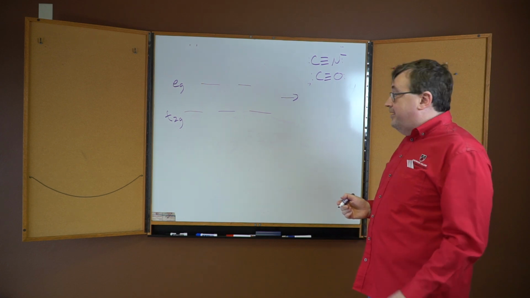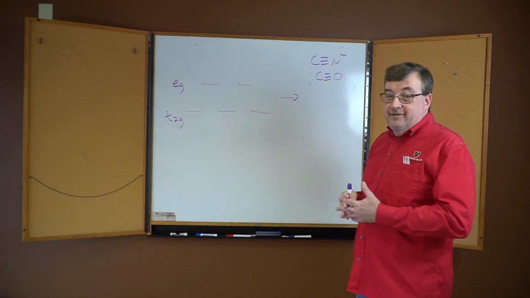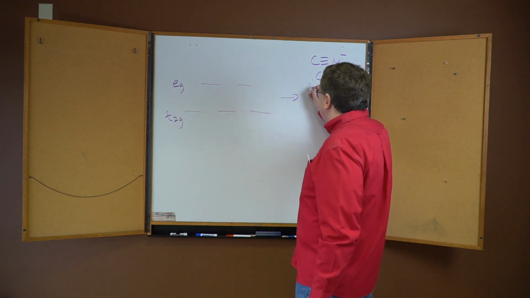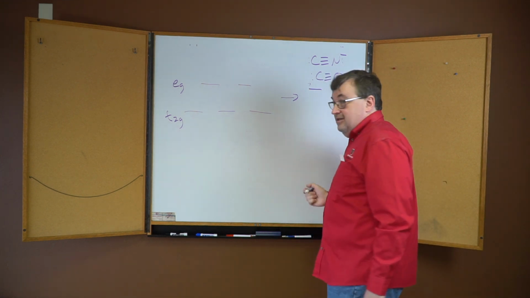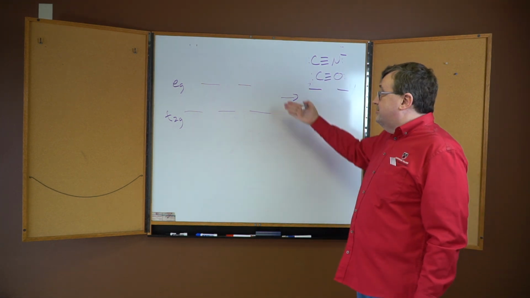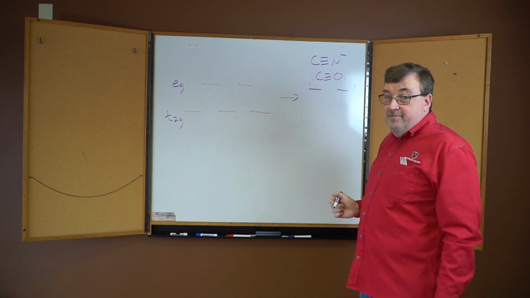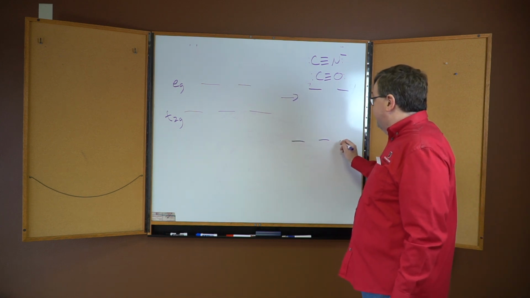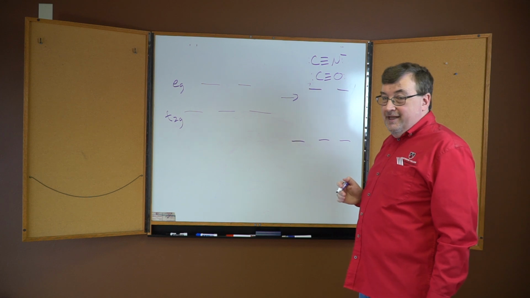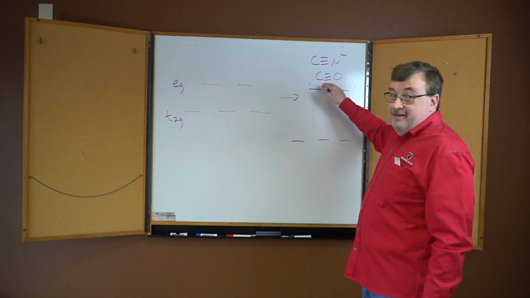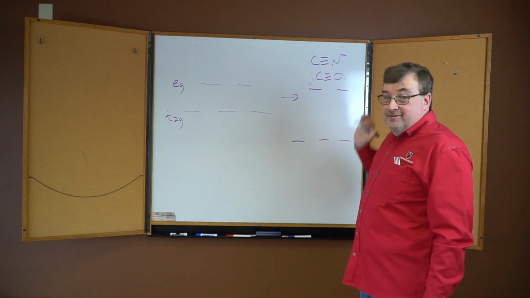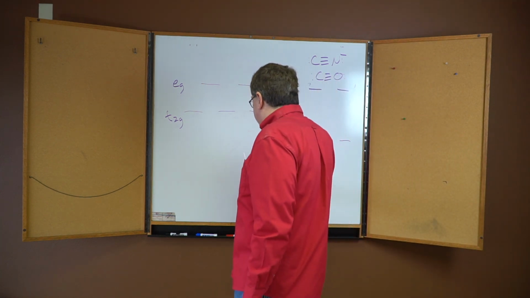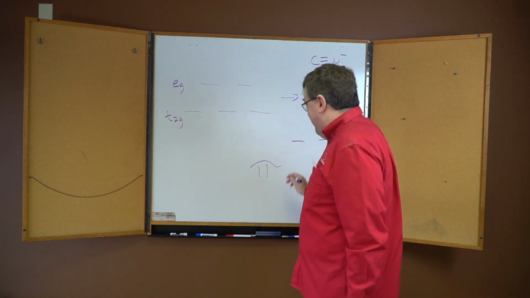So what's happening here? Well, if you look at some of your handouts, or your next set of handouts, what's happening, your EG level is staying the same, but your T2G drops. Because it's interacting with the ligands through one of our favorite mechanisms, pi back bonding.